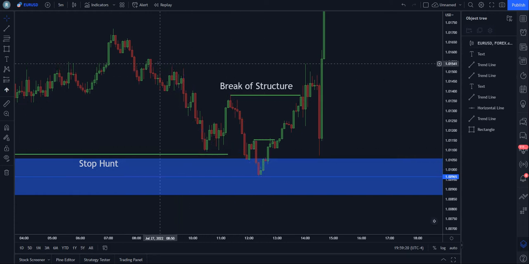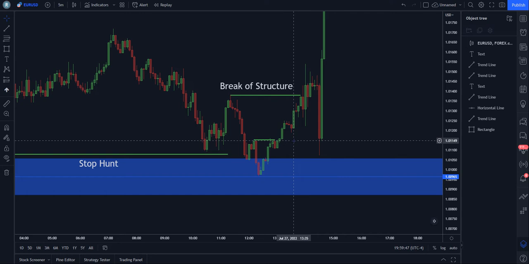Not this one or this one, because these, in a sense, supply zones are not responsible for running the stops. Now the third part, and this can be a little bit more subjective. The stop hunt and the break of structure are the two most significant pieces of information and patterns that you need to notice.